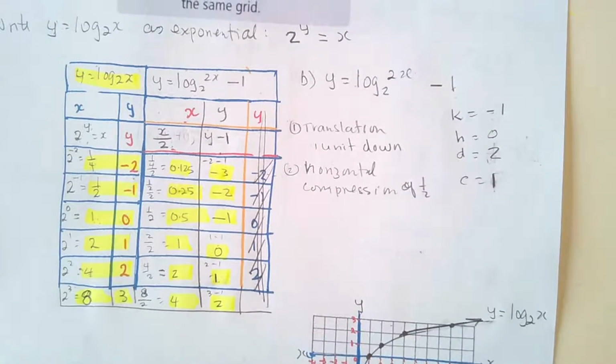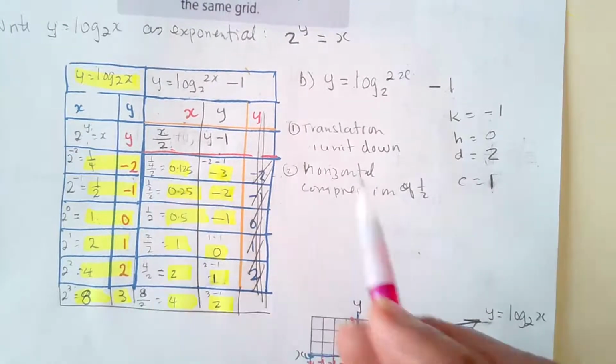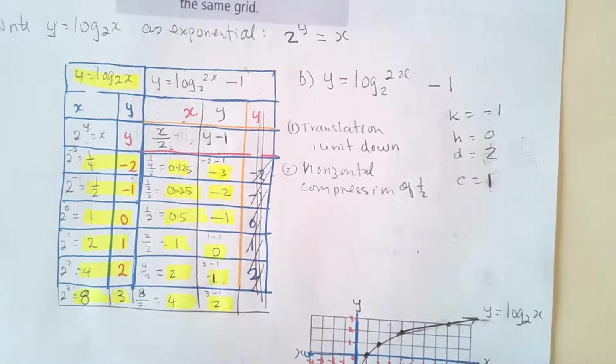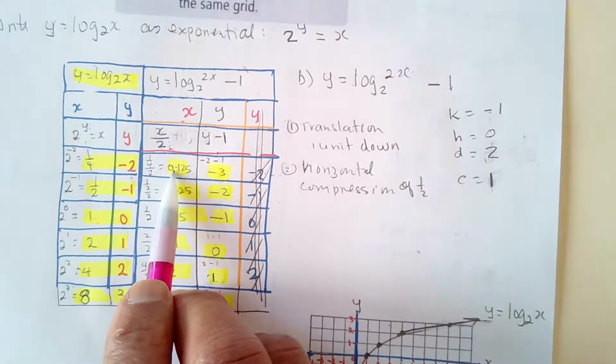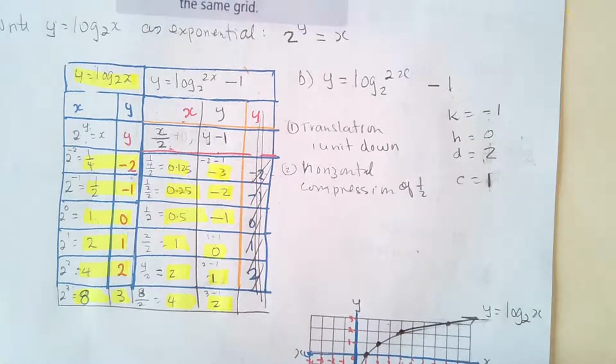So let's go ahead and sketch our transformed graph. Now we have x is 0.125, -3 is about here.